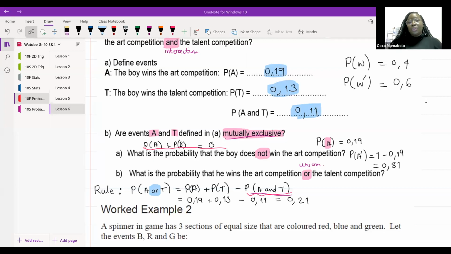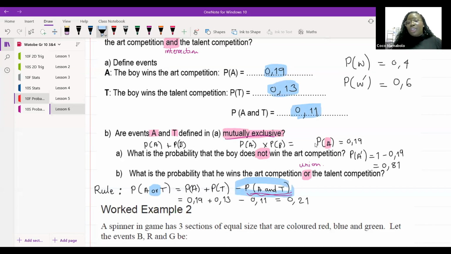We only use the probability where P(A and B) is equal to 0 when it's mutually exclusive. The answer we get for the intersection will always be nothing because the two circles in the Venn diagram don't touch. Then we use just this formula, P(A) plus P(B). But if there's an intersection, we must subtract this part over here.